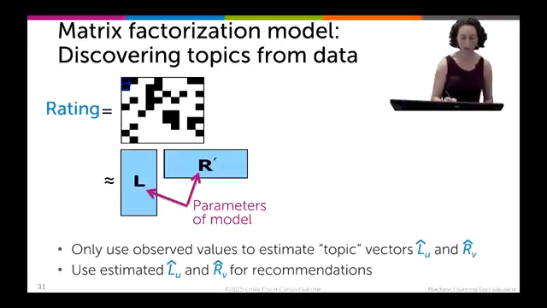And our parameters are these user and movie topic vectors. So we're going to estimate each of these from our observed ratings. Only using these black cells, we're going to try and estimate these L and R vectors and resulting matrices.